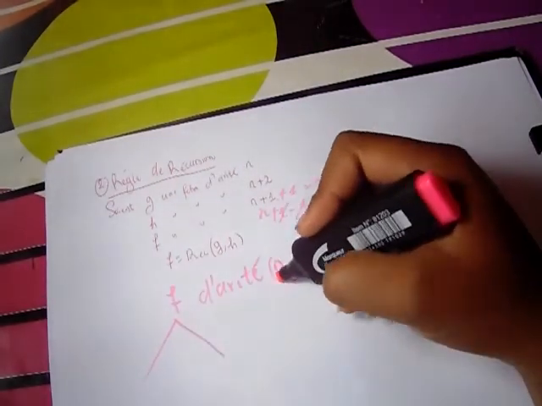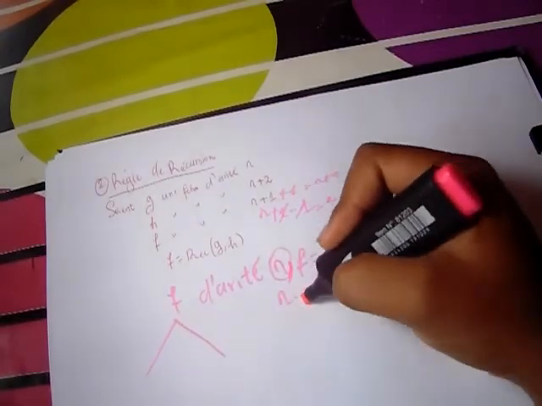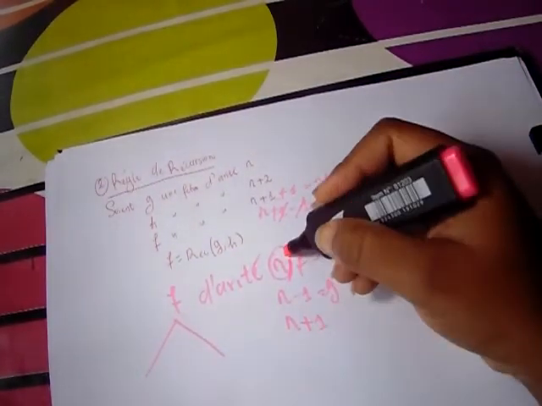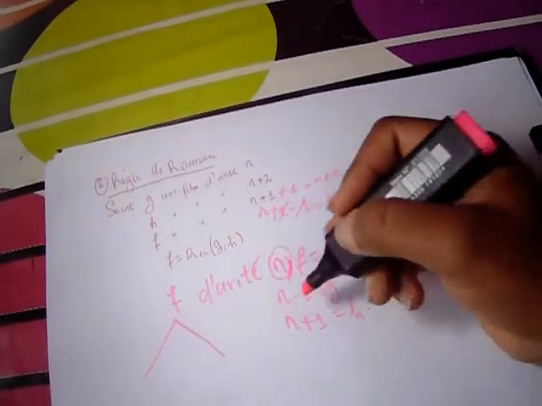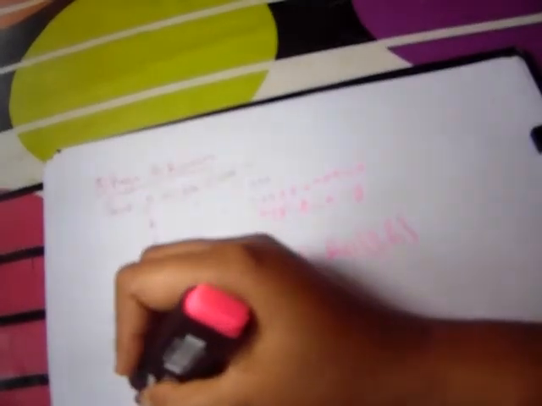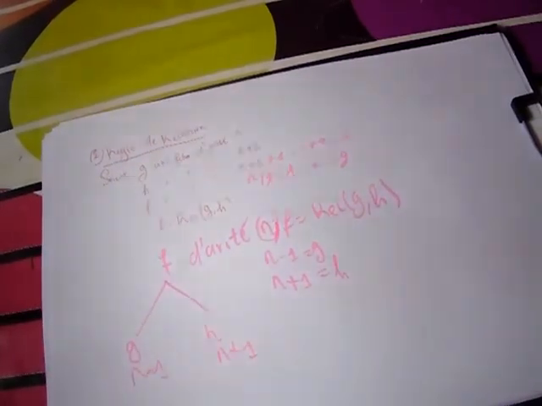If f is dérivée n, to get g we subtract 1, to get h we add 1 to our n. So h will be a fonction dérivée n plus 1 and g will be a fonction dérivée n moins 1. That's recursivity. It's a recursive function.